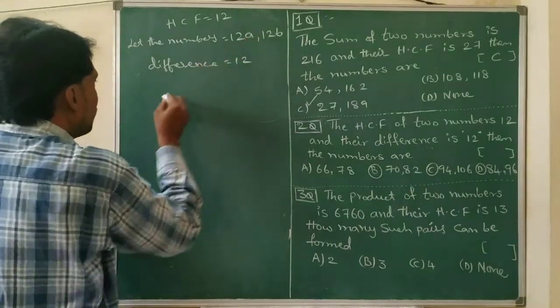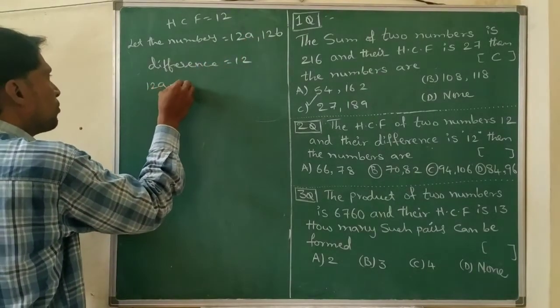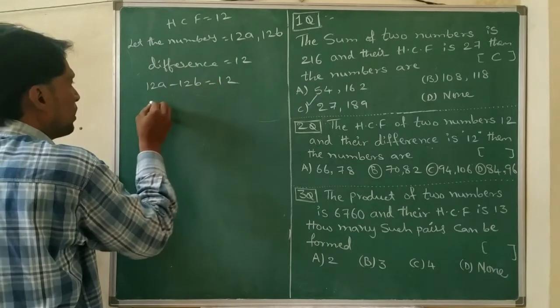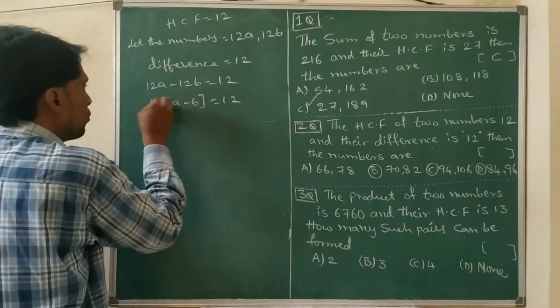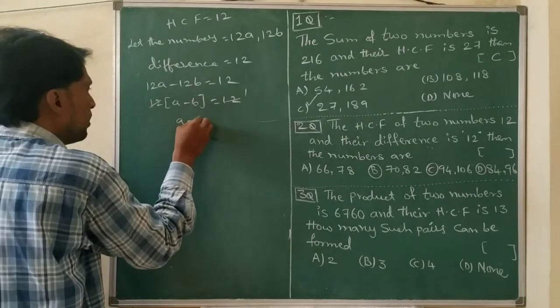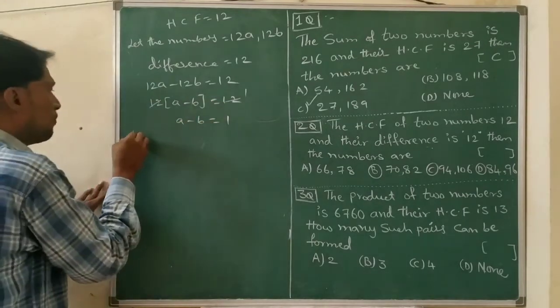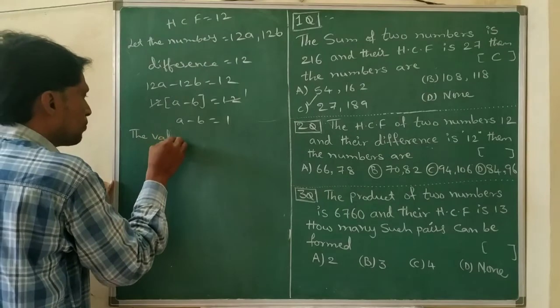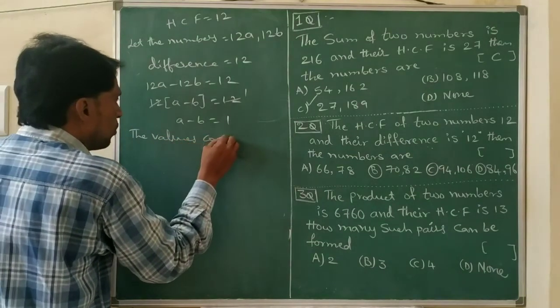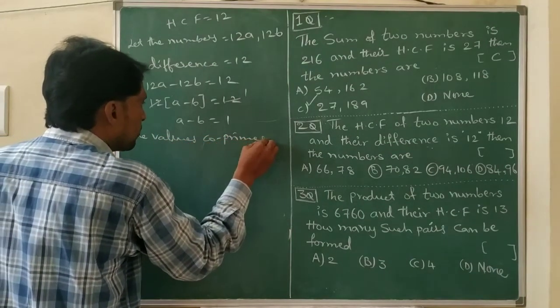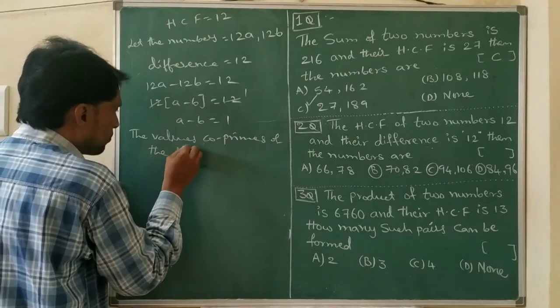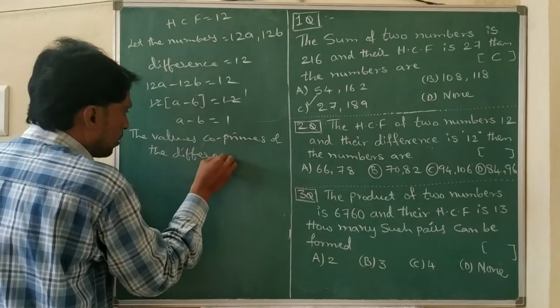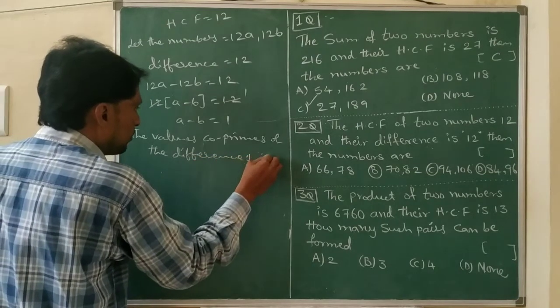Difference equals 12 is given, means 12A minus 12B equals 12. Here you can take 12 as common. A minus B equals 12 by 12, so A minus B equals 1. So the values of A and B are coprimes whose difference is 1.